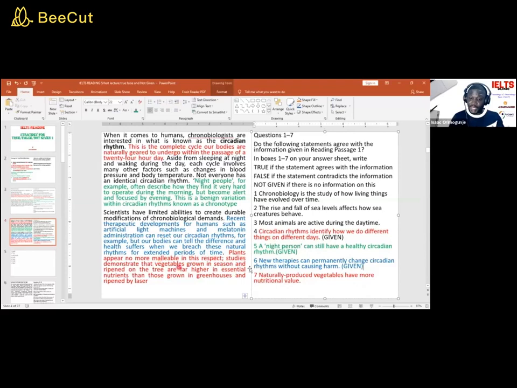Studies demonstrate that vegetables grown in sin. Okay, a far higher in nutrient is trying to compare their nutrient value.